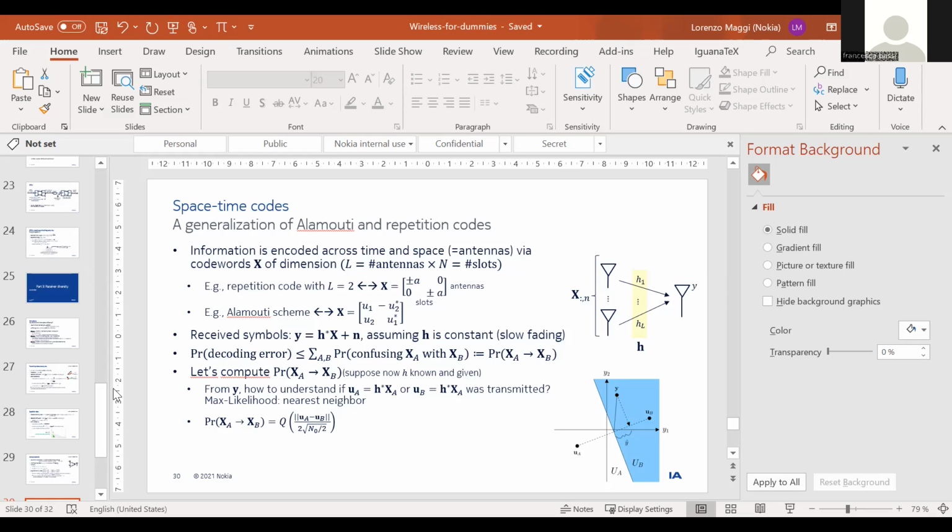Could you comment a little bit on how far this is from the Shannon formulas for this type of channels? Yeah, absolutely. So, Shannon theory. If you want, in March 2024, I can cover that chapter on information theory.